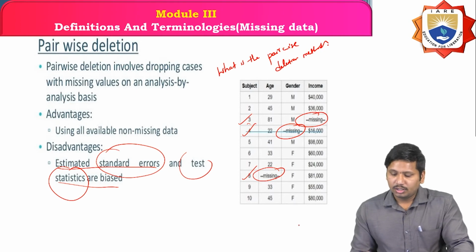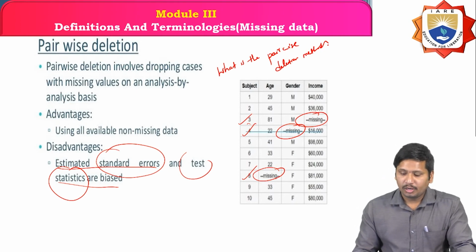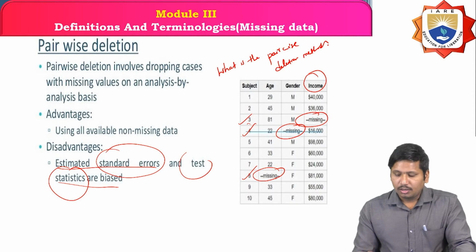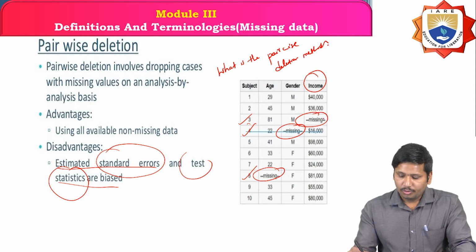In this table, I'm going to look at the income, so the income is going to be calculated, and I'm going to give preference to it. Gender is not that important, and age is also important, since based on age I can see the income.